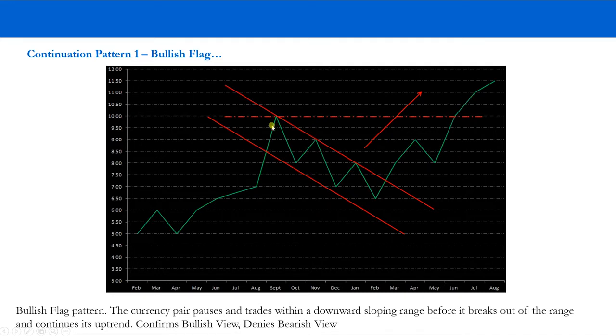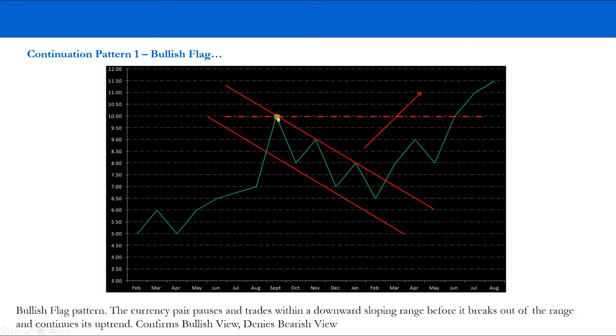Again, if we come into this with a fundamental bearish predisposition, if we see this and we're around this point here and it breaks out to the upside from the channel, we'd be stupid to short the currency pair on this breakout. We'd be better off waiting for better timing and trying to short at higher prices.